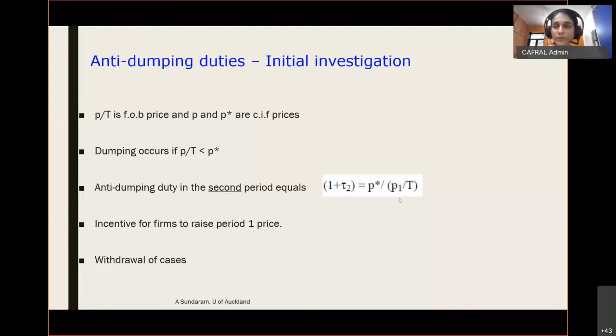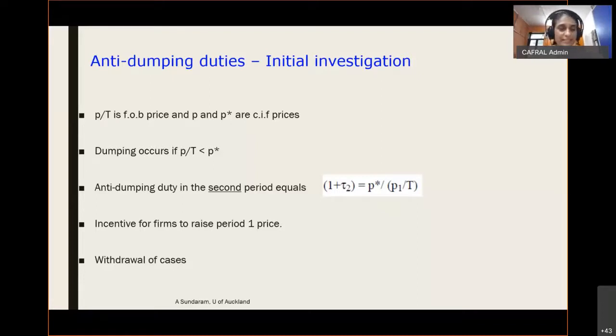Now, the government does get its intention, which is that now it's selling at a higher price, but unfortunately, the government will lose revenue. So if this had been a tariff, then the Indian government would have gotten revenue. But at this point, because this firm just raised its first period price ex ante, the government loses out on revenue, right? So that is one big problem with dumping duties.